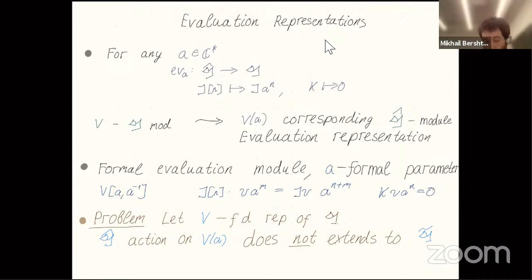Here we have an advantage and a disadvantage. The advantage is that if V is finite dimensional, then this representation is finite dimensional, and the other is not. The disadvantage is the following.